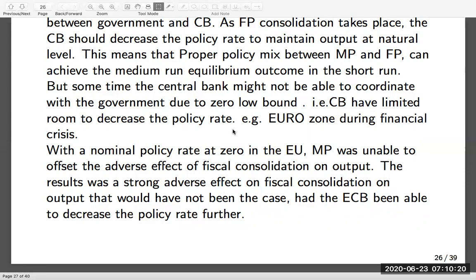Remember the austerity: the austerity made the European Union economy worse. Austerity measures mean cutting your deficit. The result was a strong adverse effect of fiscal consolidation on output that would not have been the case had the ECB been able to respond.